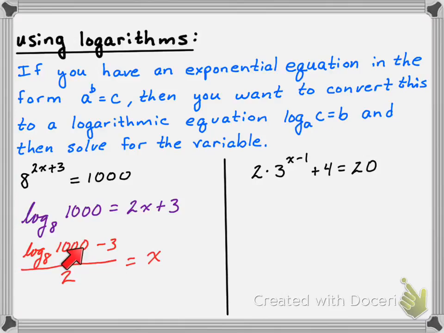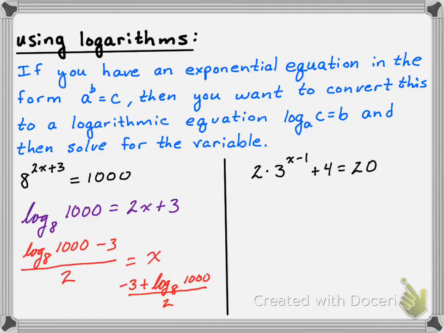You cannot do that because the 1,000 is part of this logarithm. If you want to help your notation by clarifying that, we can always put the negative 3 first and call it negative 3 plus log base 8 of 1,000 over 2. This would be the same thing as this up here.